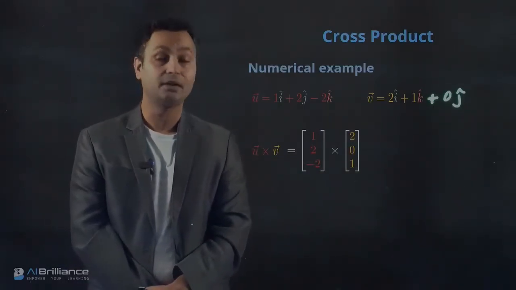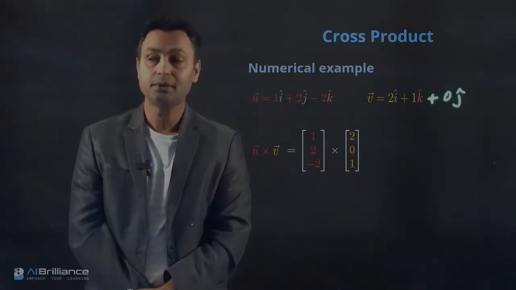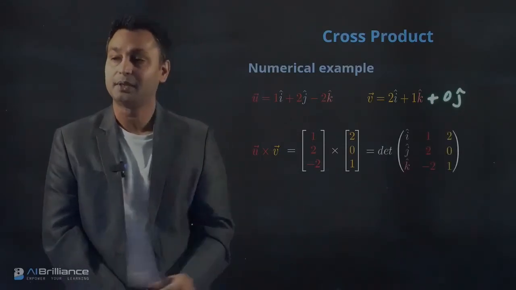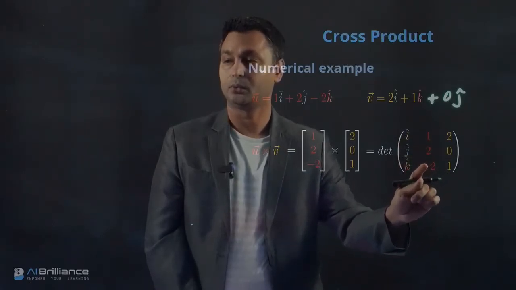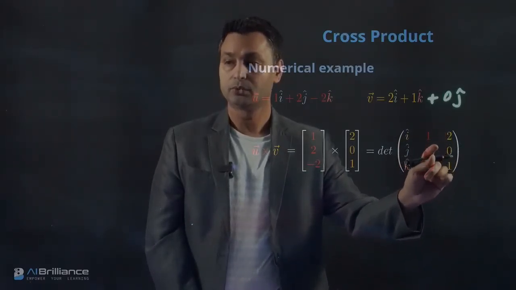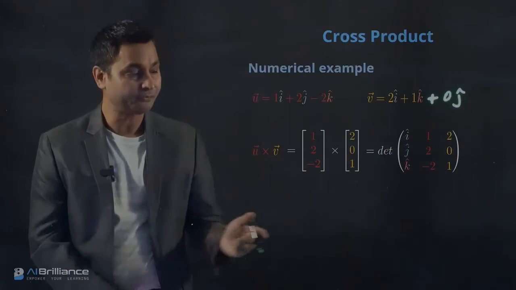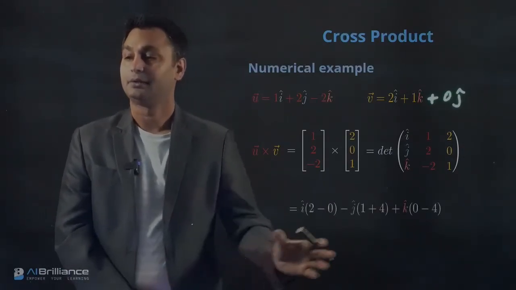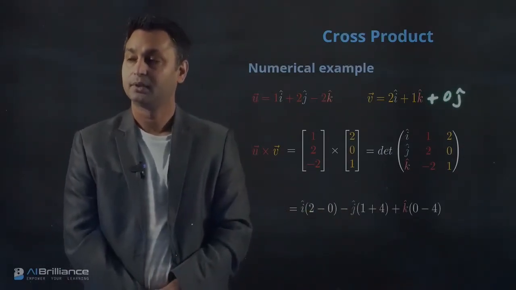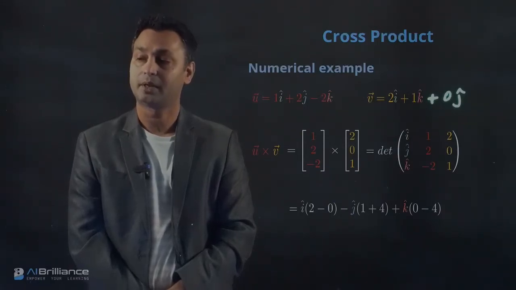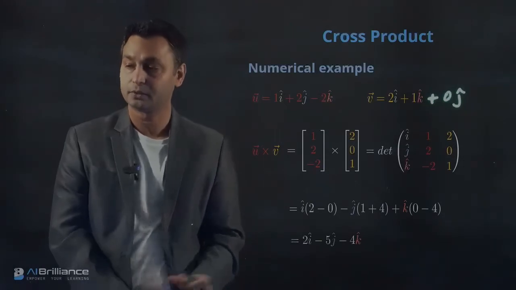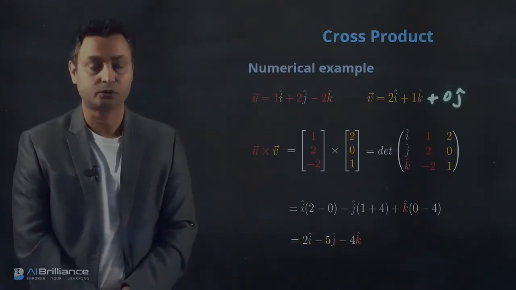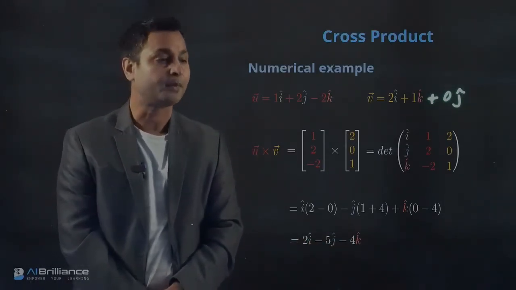This is the operation that I need to do, but how is it implemented? We need to determine the determinant of this I, j, k, 1, 2, minus 2, 2, 0, 1. And when I compute this determinant, I will get this simplified version, which is i(2 minus 0) minus j(1 plus 4) plus k(0 minus 4). And if I simplify this further, I will get this vector, which is 2i minus 5j minus 4k.